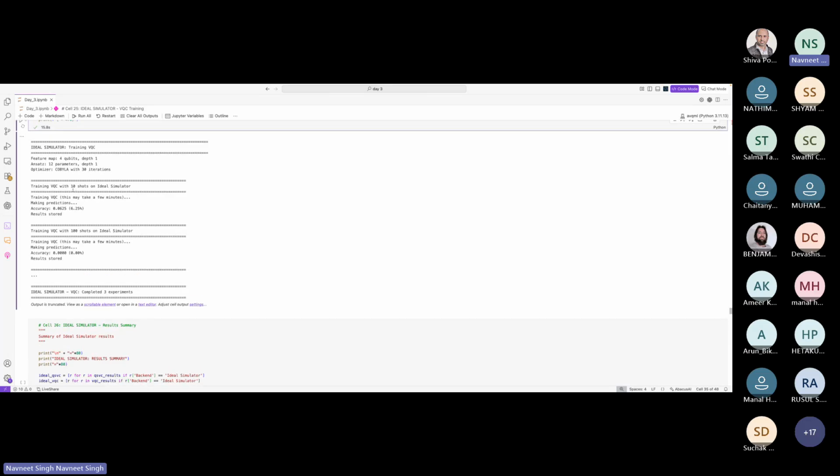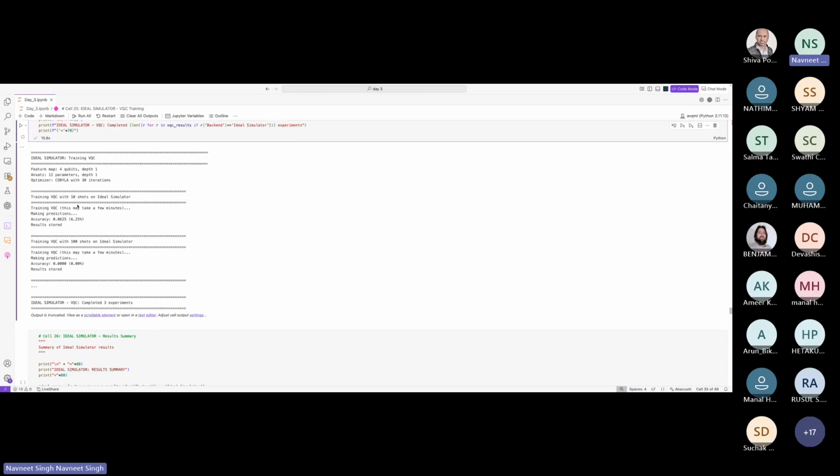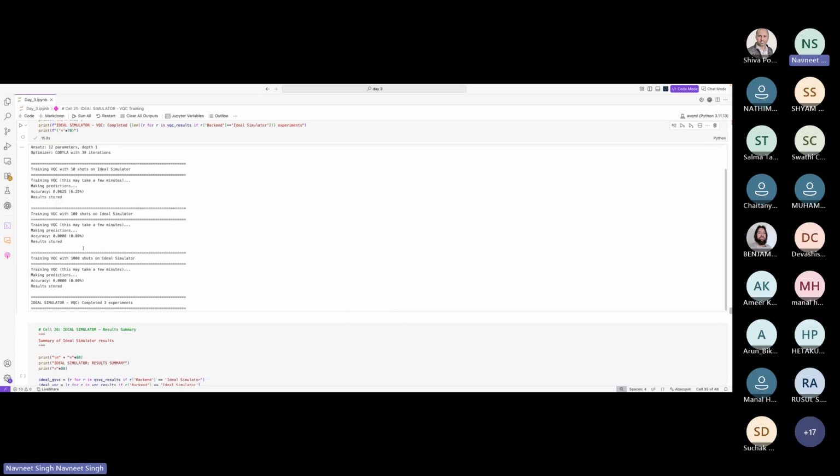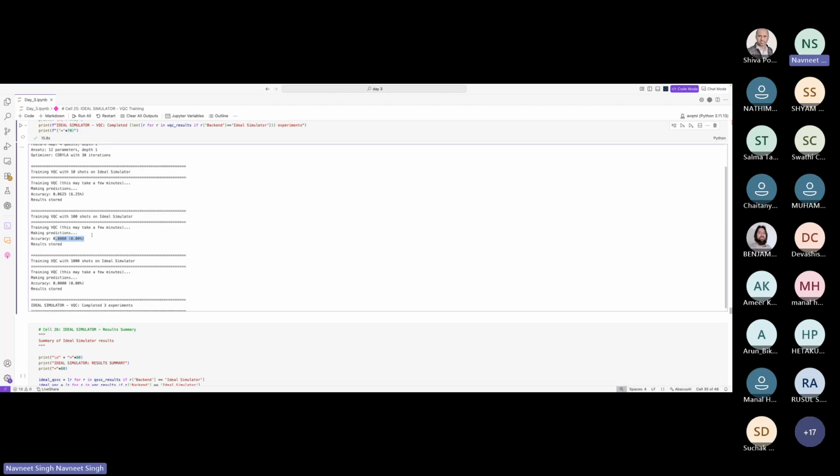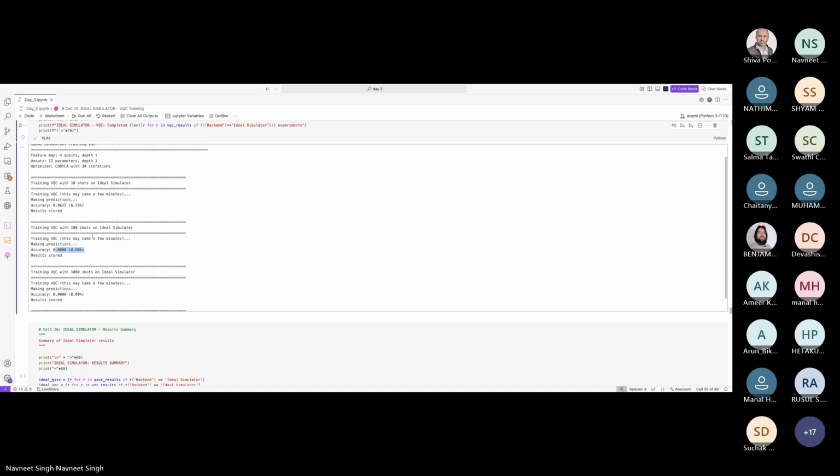Okay, VQC, which is very tiny, shows a very poor result. You can see that when we have 10 shots, it gives us 6% accuracy, but when we increase the number of shots, the accuracy is zero. So either the system has some problem, or the model does not predict anything.